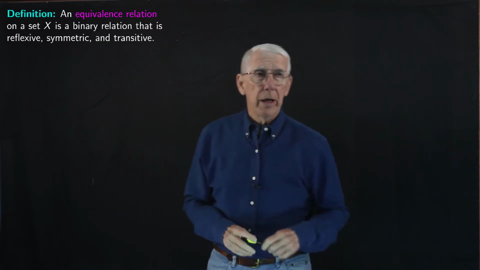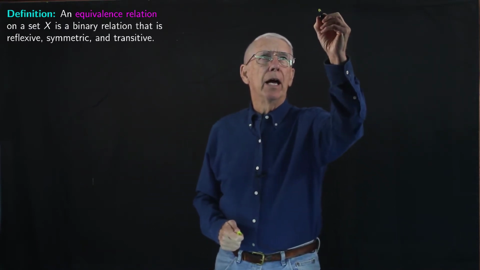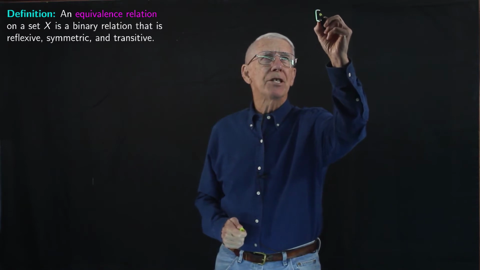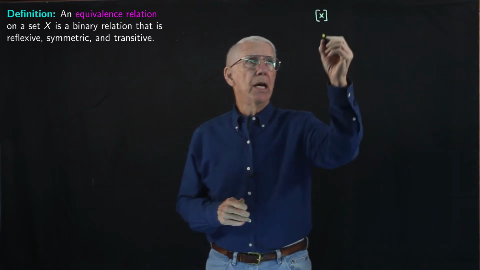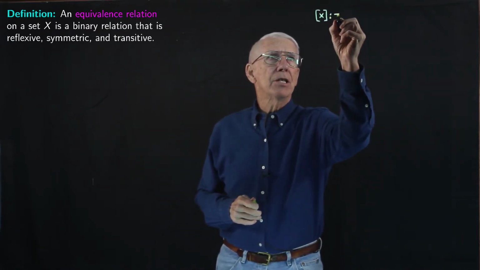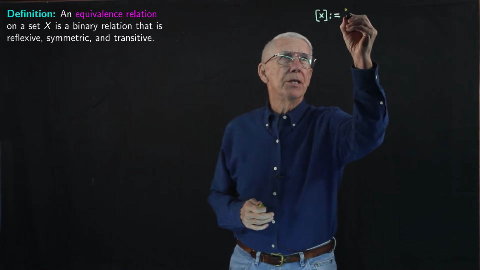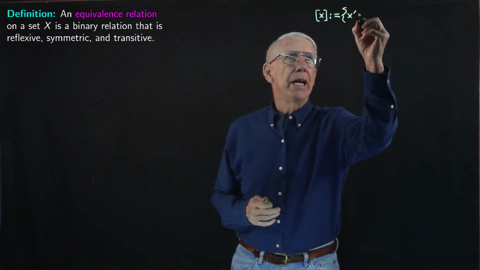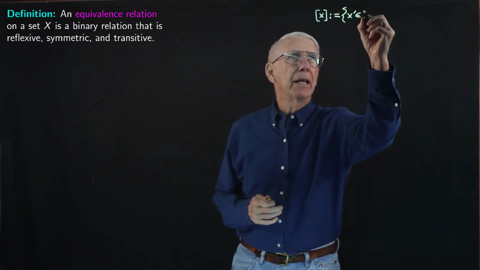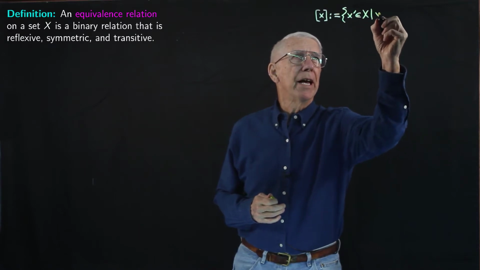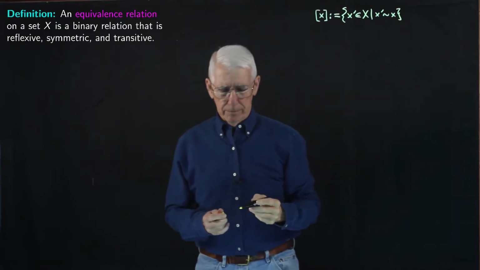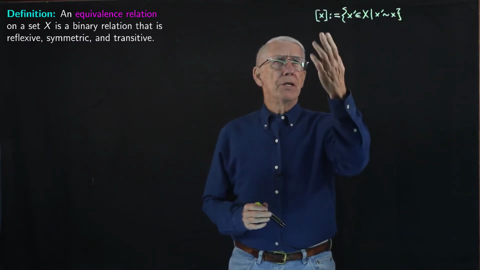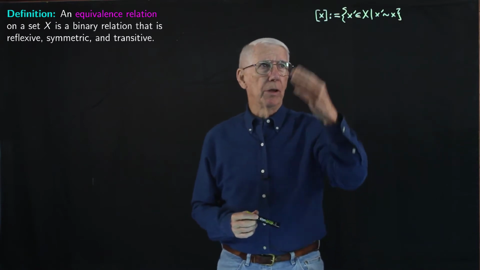One additional thing we should remember is the notion of the equivalence class of an element in capital X. The equivalence class of an element is the set of all X prime in capital X such that X prime and X are equivalent. So this is the standard notation for an equivalence class.